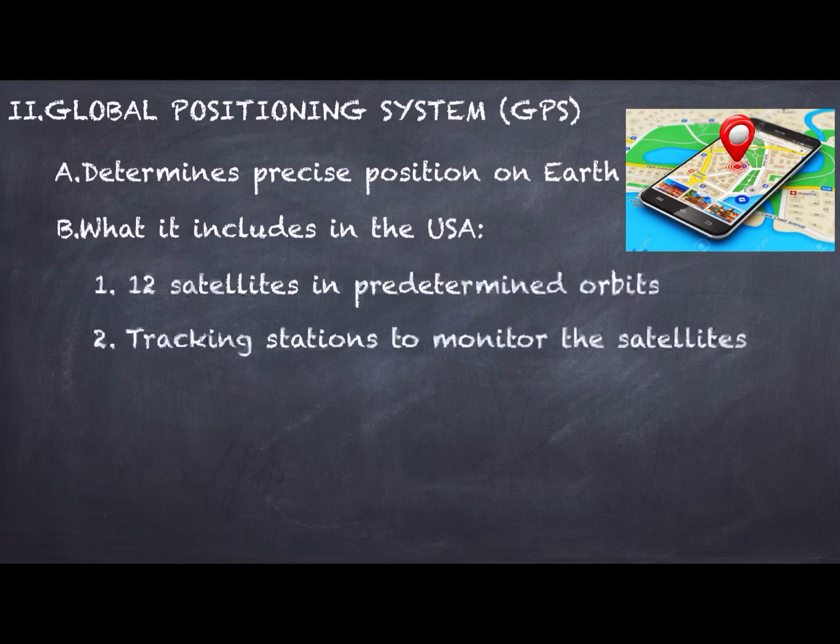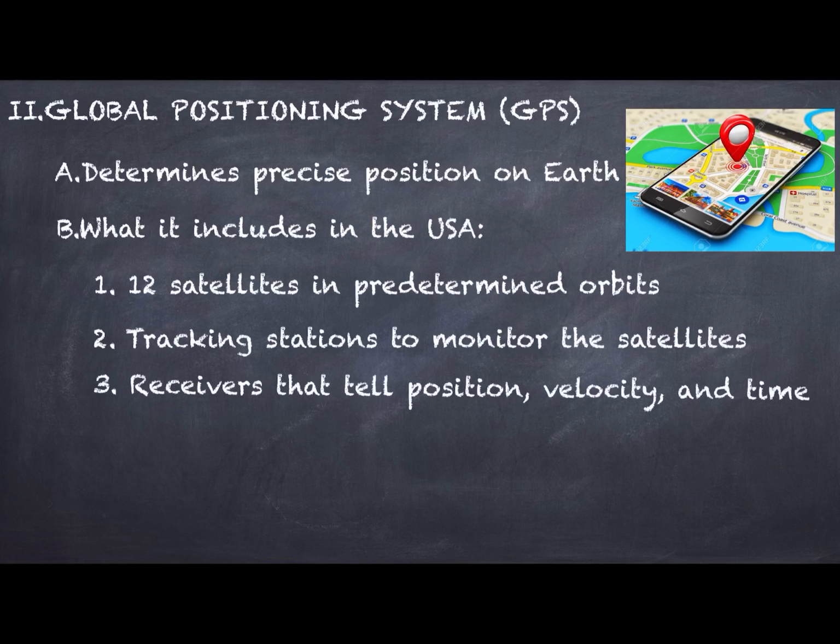Now, in the United States, there are tracking stations that are used to monitor the satellites, to make sure that the satellites are up and running and so on. And then from the tracking stations, there are receivers. The receivers are the ones that tell the position, the velocity, the time, all of the images that can be found through GPS and so on to help us navigate.